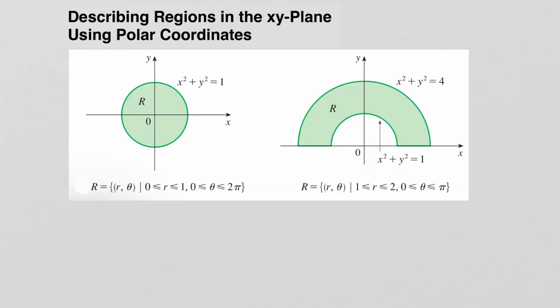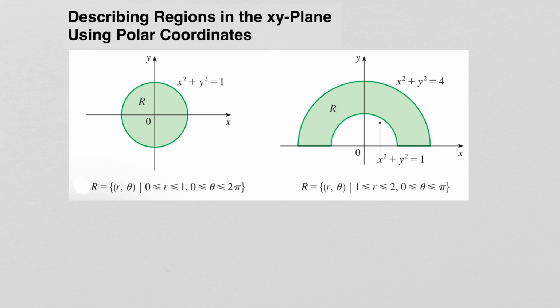Polar coordinates are often very convenient for describing certain regions in the xy plane. For example, if I'm looking at the unit circle, the rectangular equation for the unit circle is x squared plus y squared is equal to 1. But the polar equation is very simple for this circle.